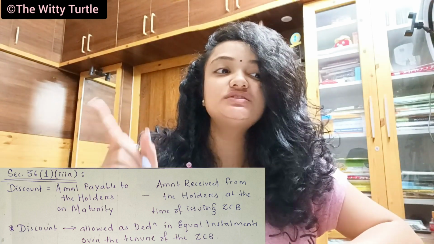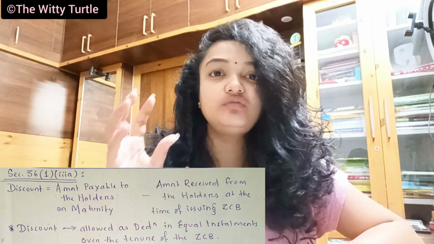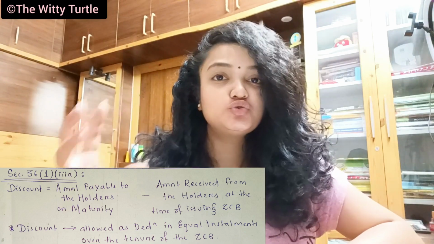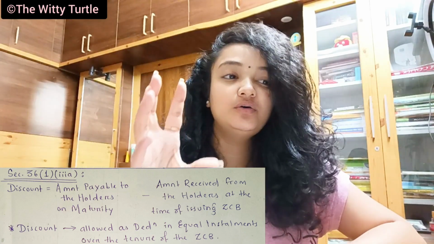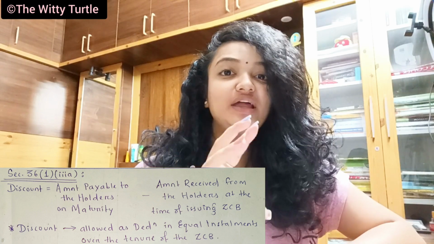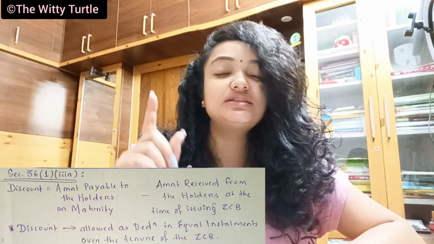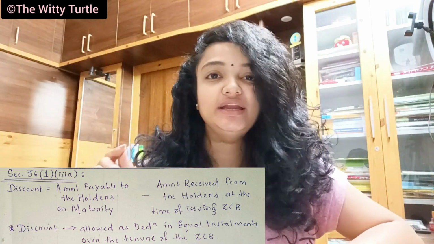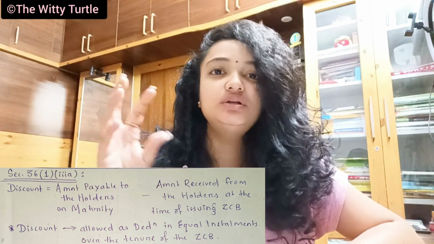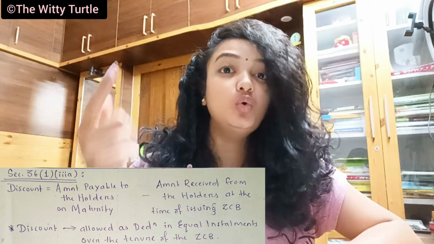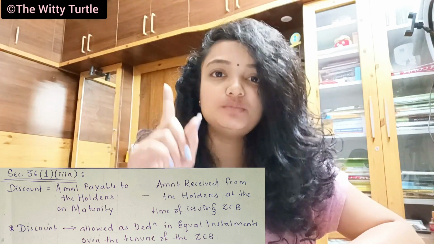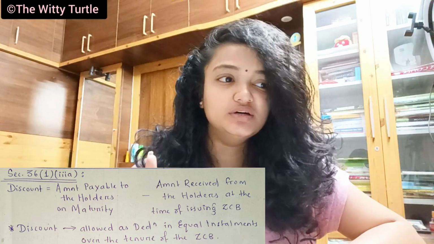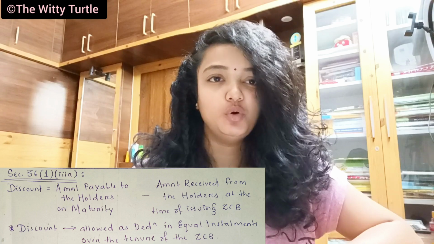And the amount which is payable to the holders on maturity, or we can say the face value, is 100, right? Issued at 80 and on maturity, the face value is 100. Then in this case, the discount will be how much? 100 minus 80 equals 20, right? So basically discount is the difference between the amount payable to the holders of zero coupon bond on maturity minus the amount received from the holders at the time of issuing zero coupon bonds, right?